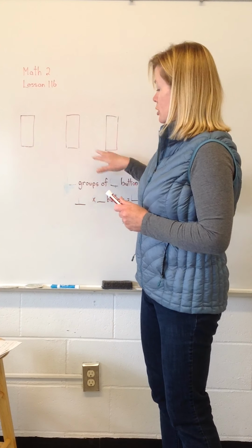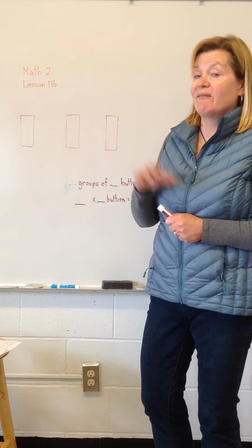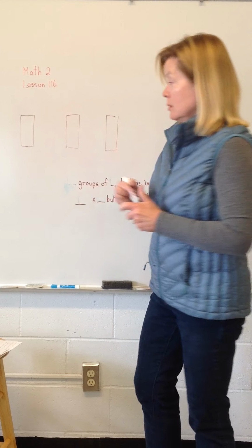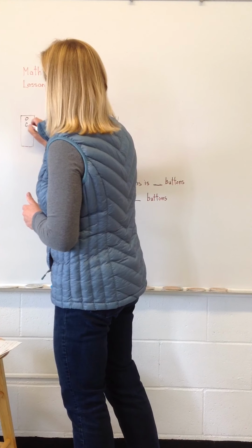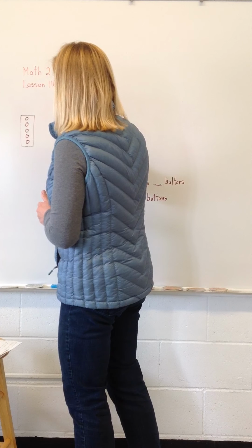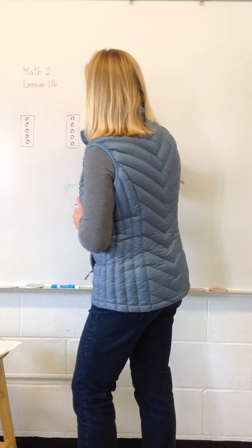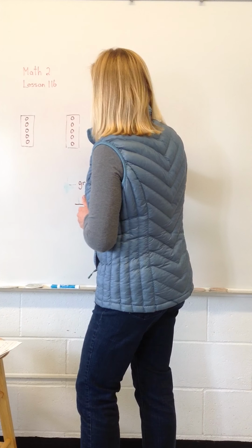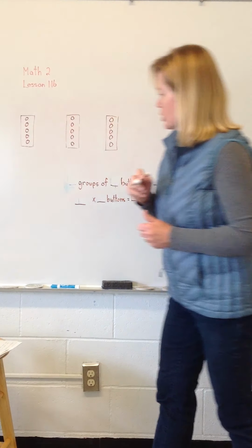On each of these shirts, could you please draw 5 buttons? I'm just doing them down the center of the rectangle. If you wanted to do fancy buttons, you're more than welcome to.